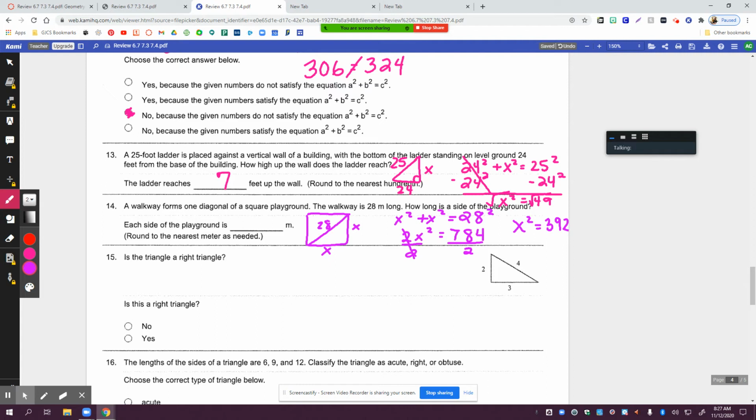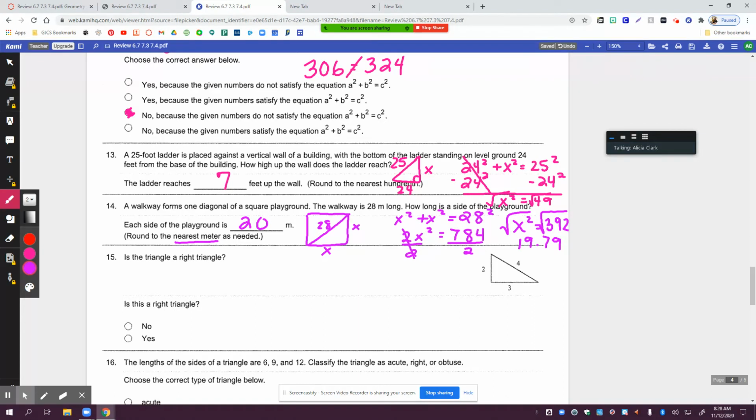Then I'm going to take the square root of each one and approximate it. Now it says round to the nearest meter, so this is actually going to give me a decimal, 19.79. But it wants the nearest meter, so that's like the nearest whole number. So that would round up to 20.